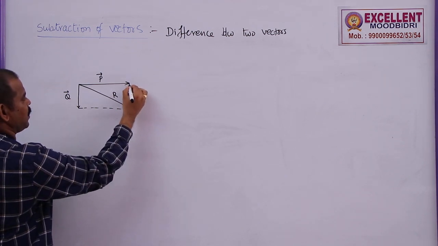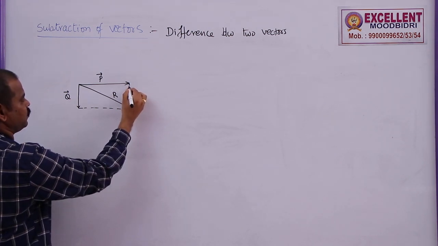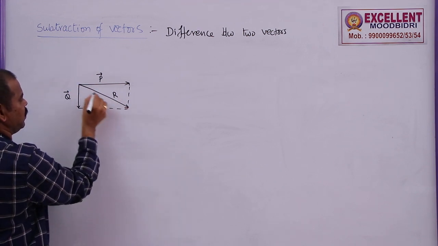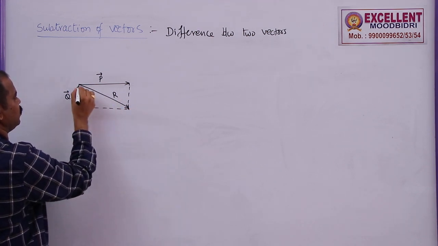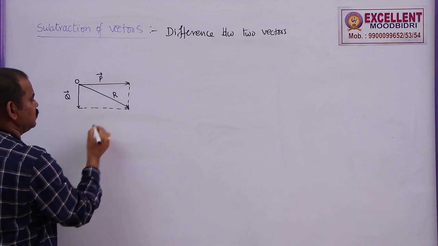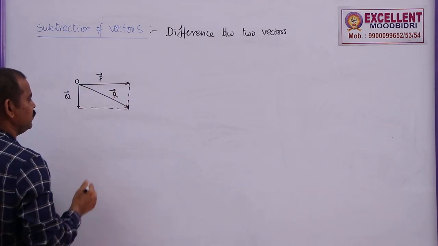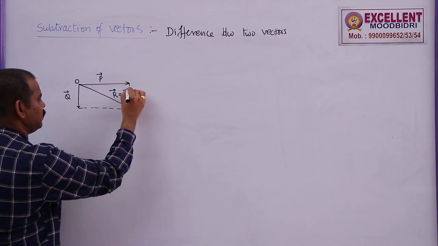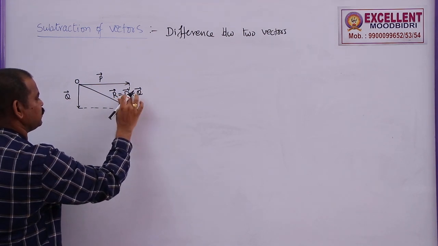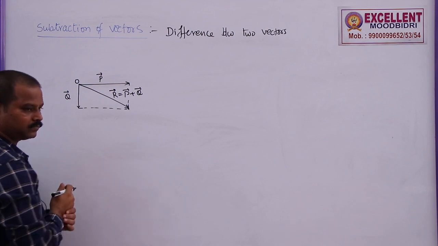Similarly, draw another parallel line from the head of the first vector parallel to the second vector and join the point of intersection with the point of origin. So this is R bar. This is called the resultant. Resultant is nothing but the sum of these two vectors, P bar plus Q bar.